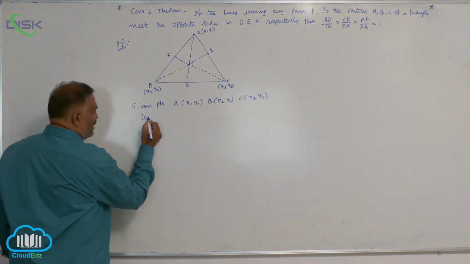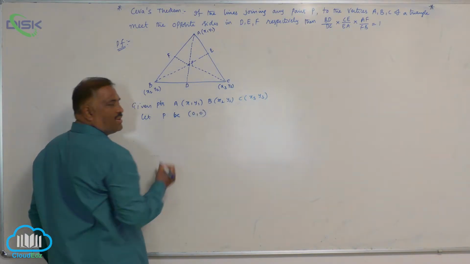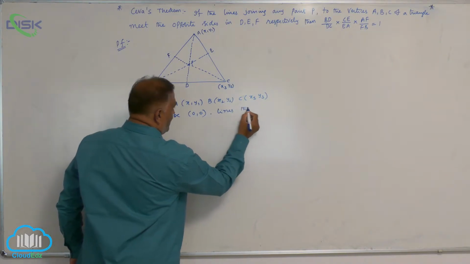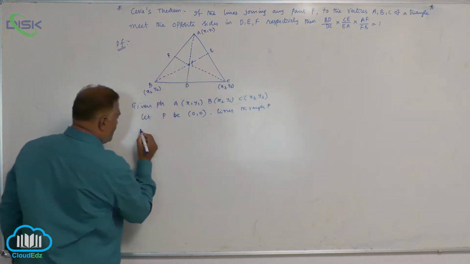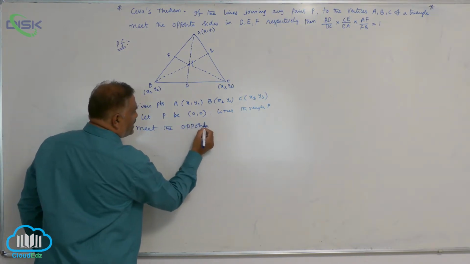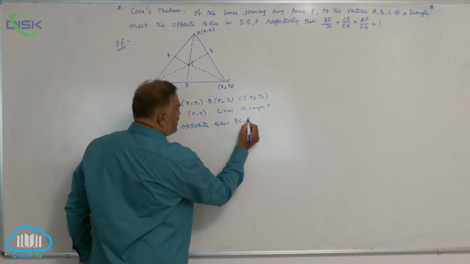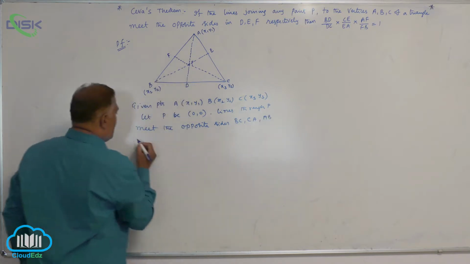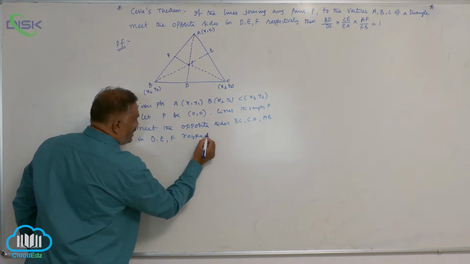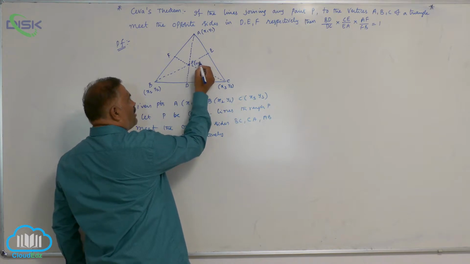Now let P be (0, 0), you can take it as origin. Lines through P meet the opposite sides BC, CA, AB in D, E, F respectively.